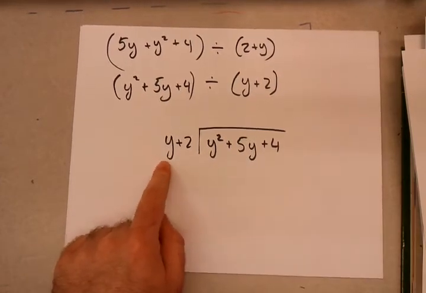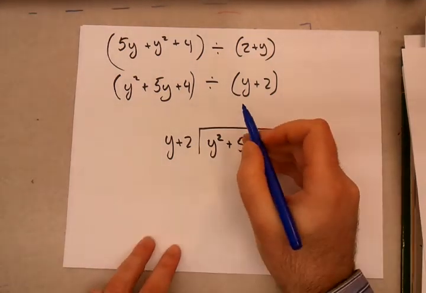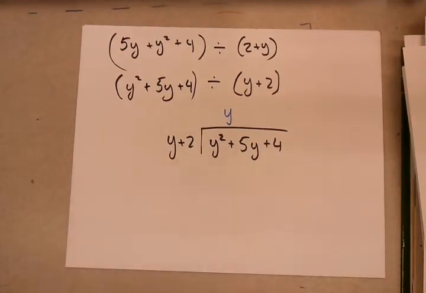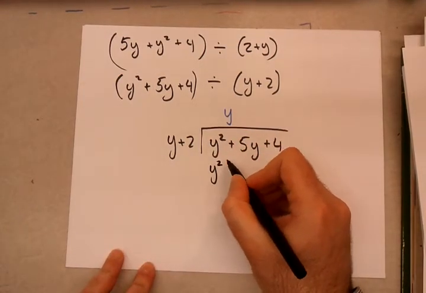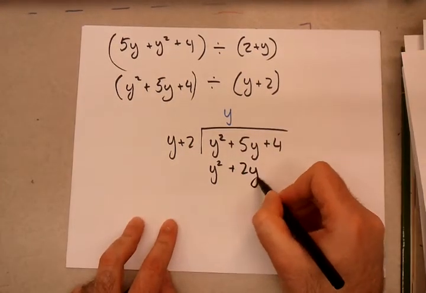Got to make this into a first power. How do I get a y to the first power into a y to the second power? Well, maybe I can multiply everything by a y. Just the one y, because the coefficients are just 1, so I don't have to worry about coefficients here. So y times y gives us y squared. y times 2 gives us a positive 2y.